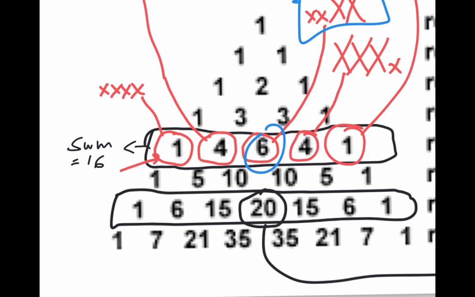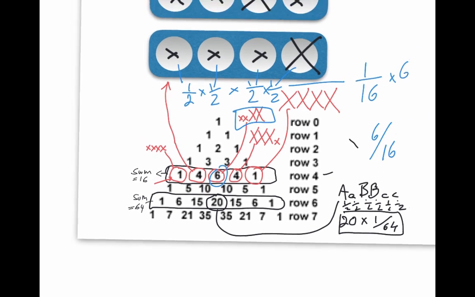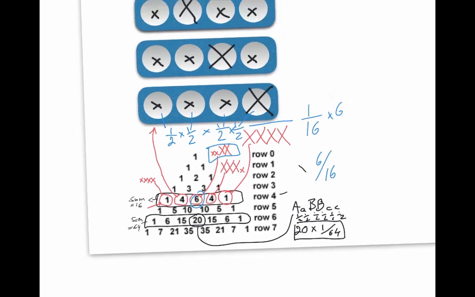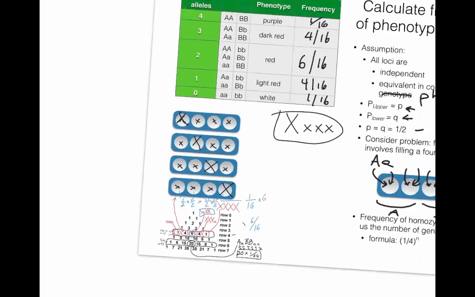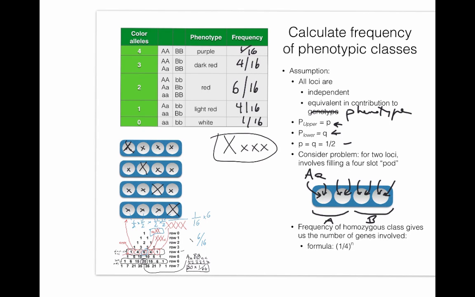And over here, if you get the sum of all these, you get 64, which is again the denominator for the frequency distribution. So that's a pretty interesting way of using the Pascal triangle, isn't it? But otherwise, you can calculate it simply by multiplying the probabilities for each little slot. So essentially what we've learned is how to calculate the frequency of each phenotypic class.